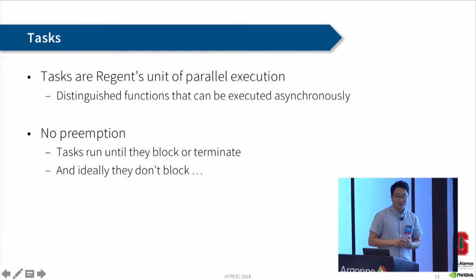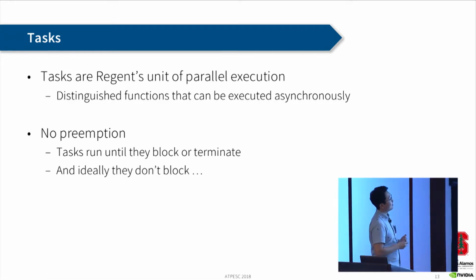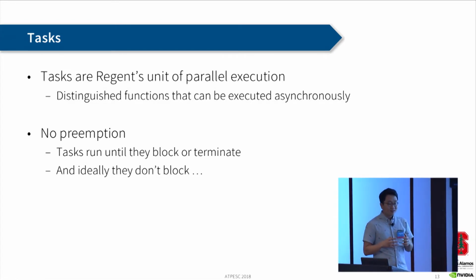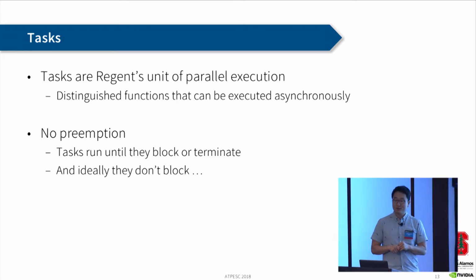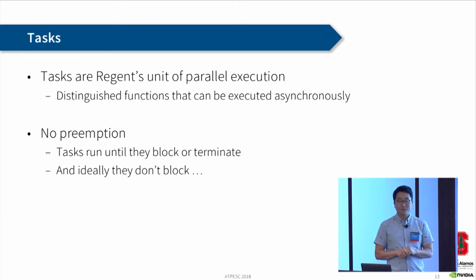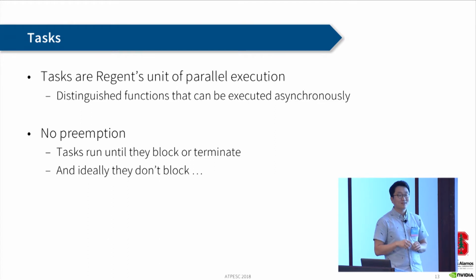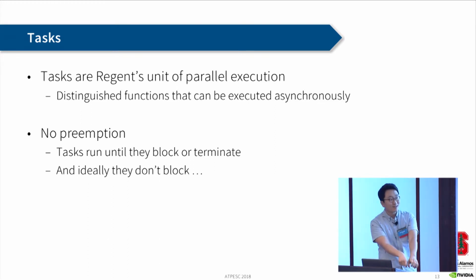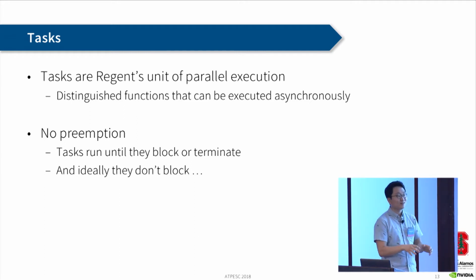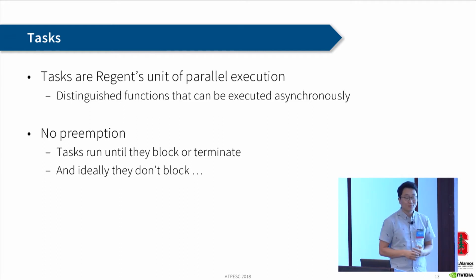Okay, let me tell you a little bit more about tasks. So tasks are a unit of execution in our programming model. So when you call a task, it doesn't push the task to the stack. It actually pushes it to the scheduling queue. And later, when the runtime thinks that the task is ready to execute, at that point, the runtime pulls that task and executes it on some parallel hardware.